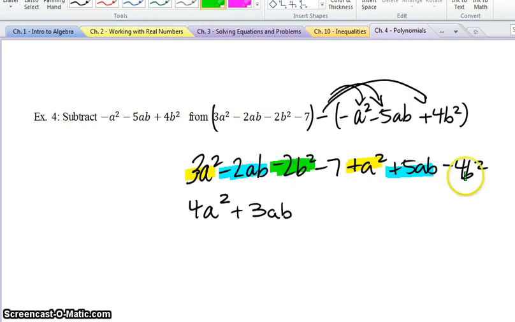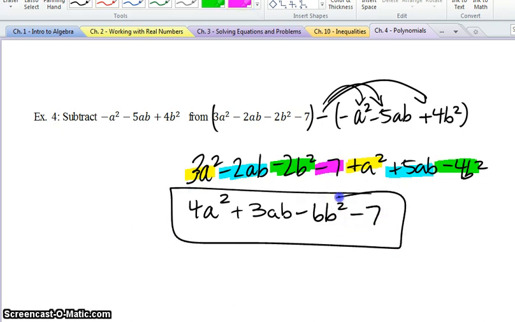I have b squared and b squared, so that's negative 2b squared minus 4b squared, which is a negative 6b squared. And lastly, I have my negative 7, so that just stays the same. And there you have it.